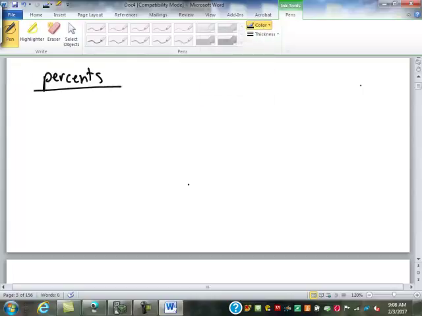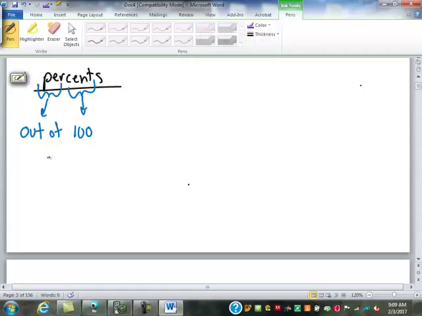To understand the basics of percents, you have to understand the word percent. It's actually 2 words. It's per. If you think of miles per hour or miles per gallon, dollars per hour, it's for each or out of, and cent. Think of cents in a dollar or years in a century, it's 100.